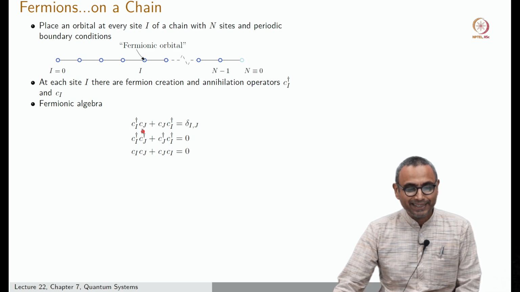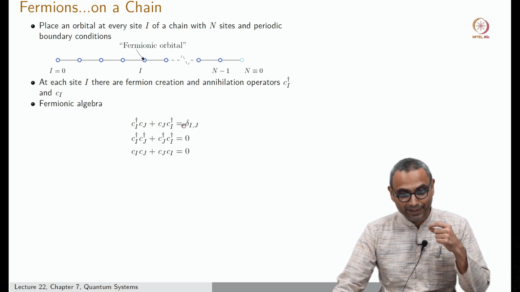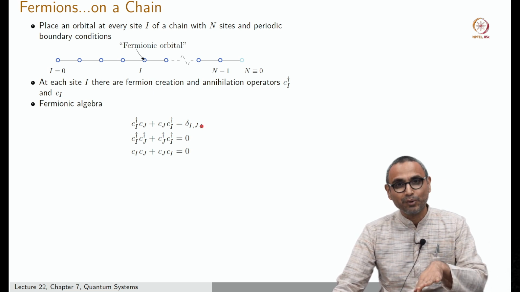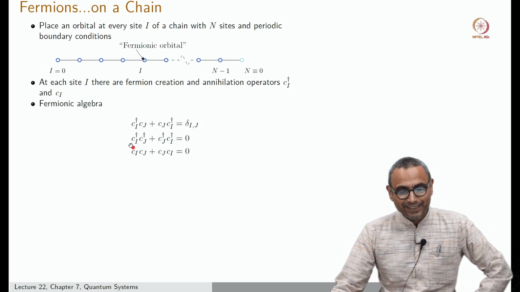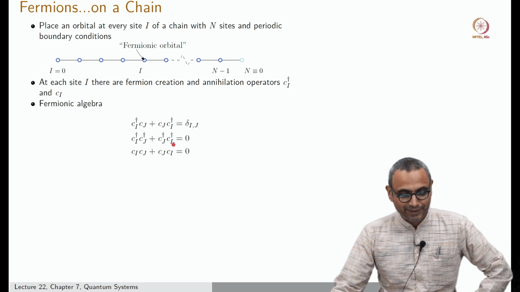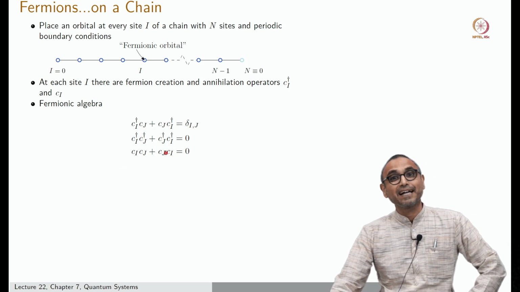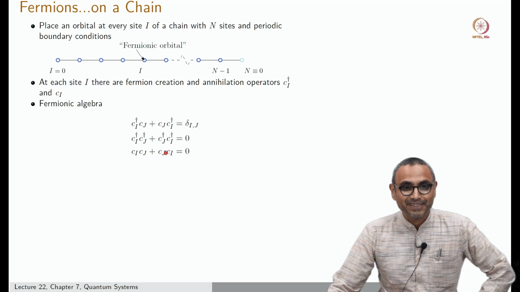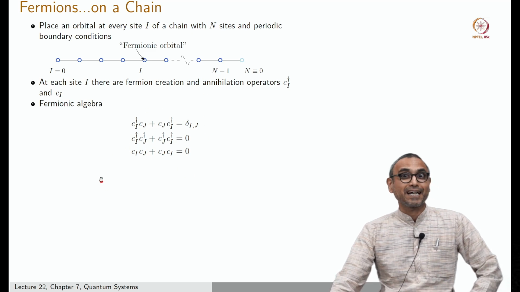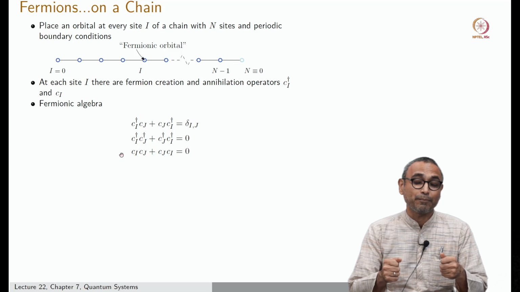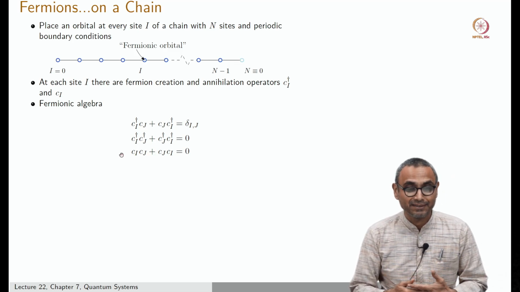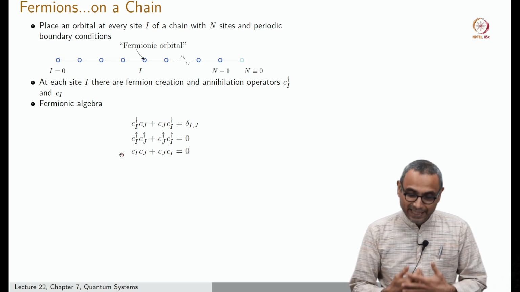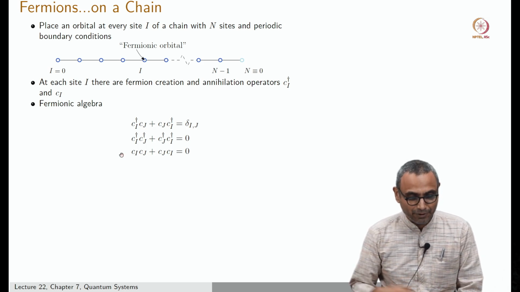The anti-commutator of C dagger i and C j is identity if the sites are the same, and 0 if they are different. All the creation operators anti-commute with each other, and all the annihilation operators anti-commute with each other. So this is the fermionic algebra. This is what tells us that we are talking about indistinguishable particles which are fermions, identical particles which are fermions.